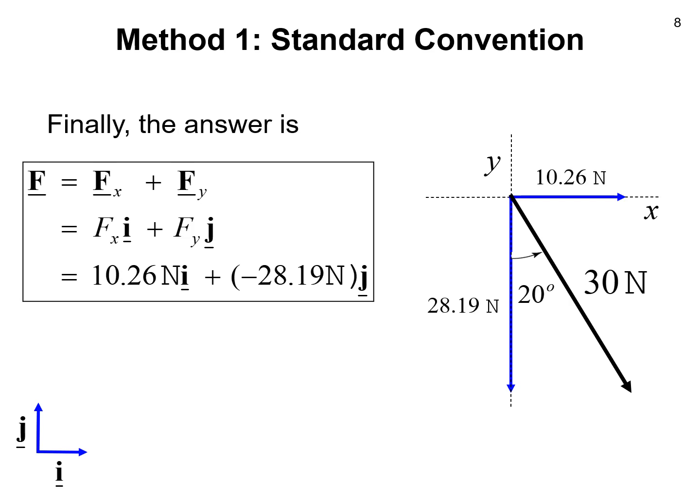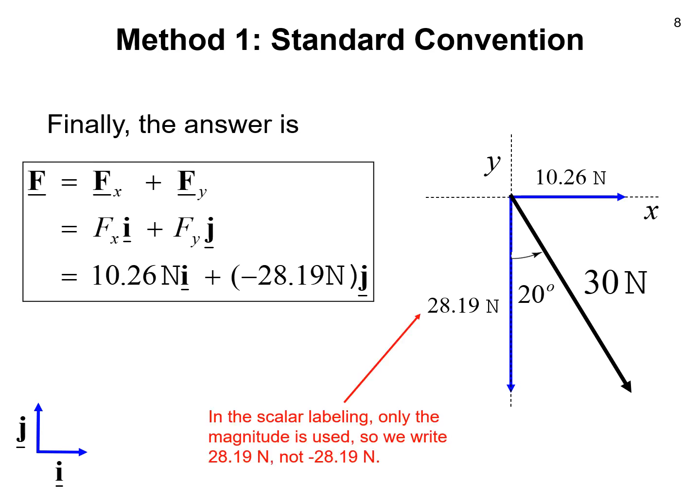And if I label the figure, I'll put 10.26 on the x component, and I'll put positive 28.19 on the vertical component, which is really, and this is the little awkward part, that's now thinking of that blue line as in the negative y direction, because that's how it's drawn.